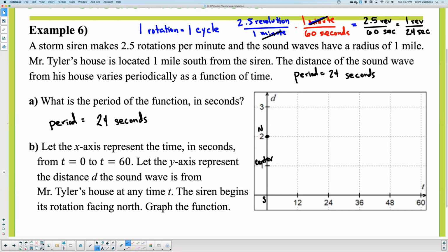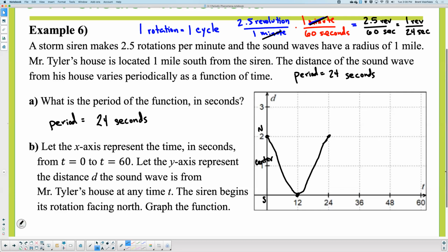The center is here, so we start 1 mile to the north. Then it takes 24 seconds to go all the way back to here, which means the minimum would be at 12. I want to round off the edges rather than making them linear, because that's how it's technically going to work in the real world. Then you would repeat that.